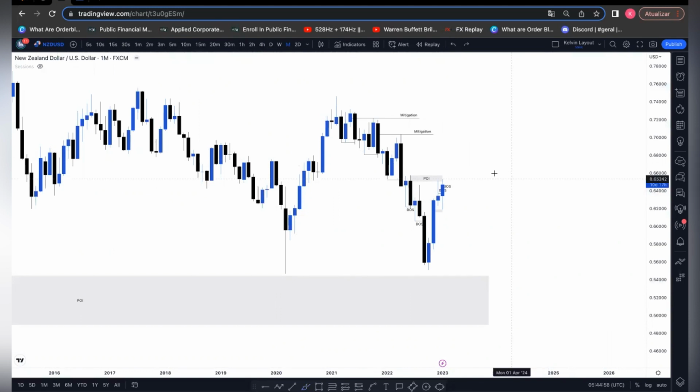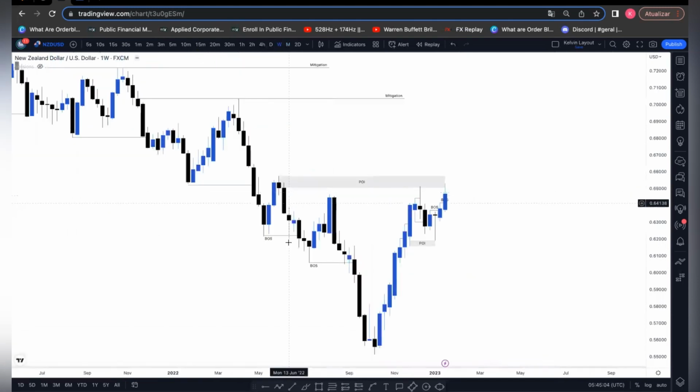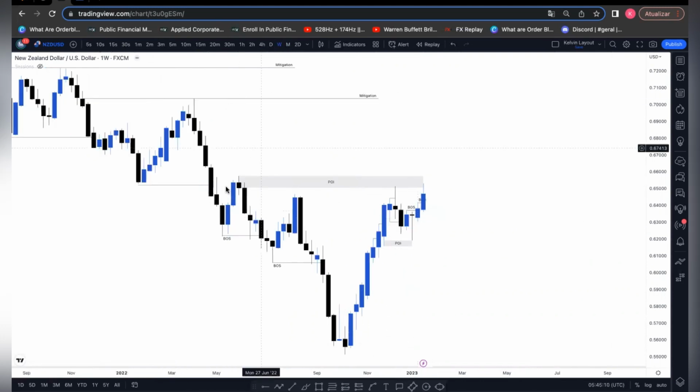But as of now, if we drop down to the weekly time frame, we can see that the structure right here had this nice bearish order flow all the way down, clean mitigations. Price just came to this extreme order block sitting above, sweeping this inducement.